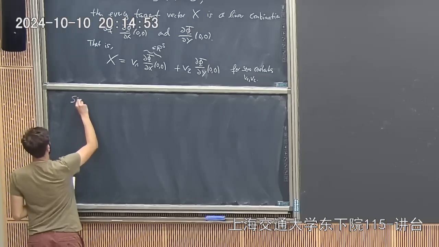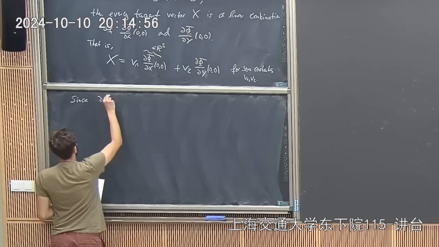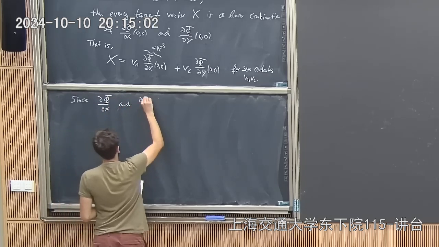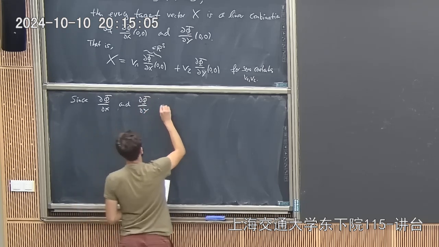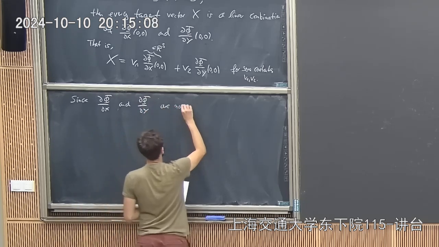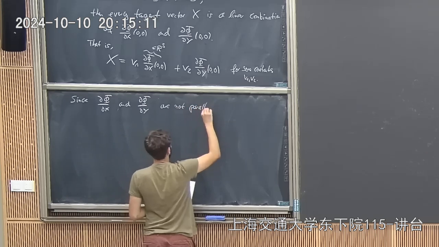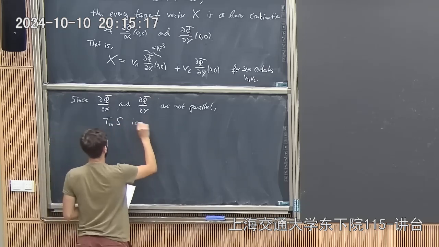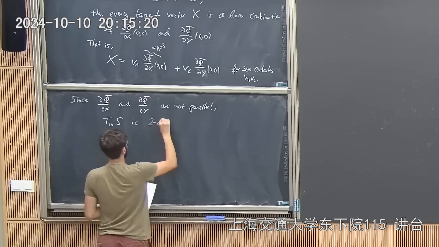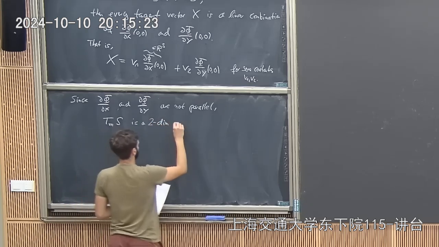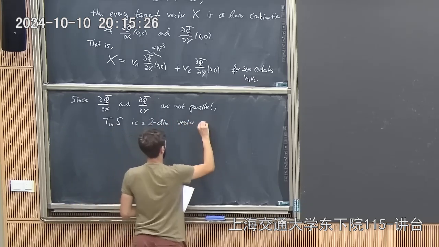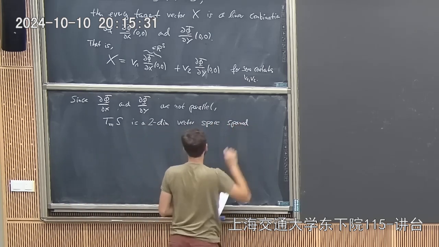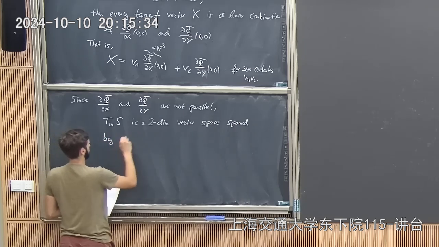So since dx and dy are not parallel, that shows us that the tangent space is a two-dimensional vector space spanned by these two.